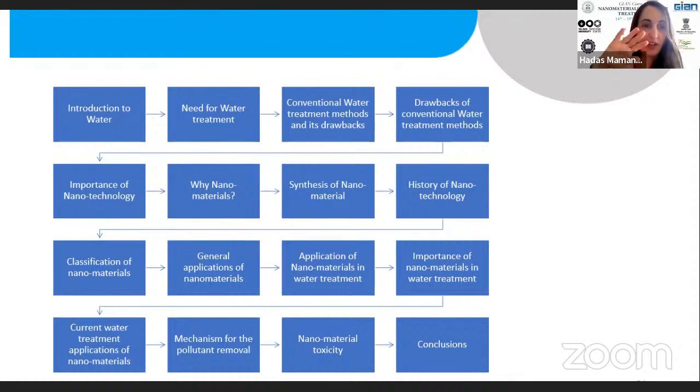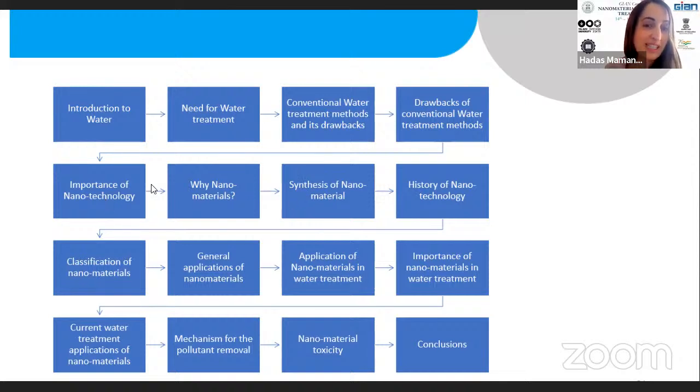So during this course, we went through a path and we started with different things. For example, we discussed the introduction to water, the need for water treatment, the conventional water treatment methods and their drawbacks, and the importance of nanotechnology.